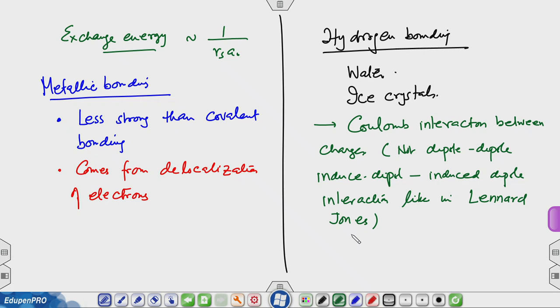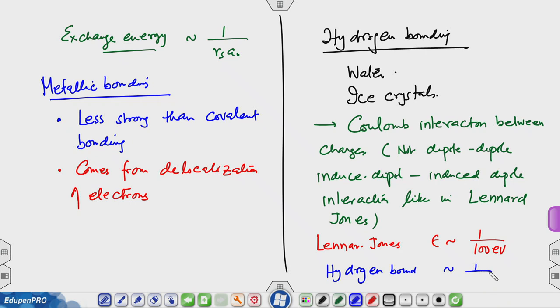That gives you 1 over r raised to 6 dependence. This is stronger. So just to give you numbers, Lennard-Jones epsilon was of the order of 1 over 100 eV. The hydrogen bond is of the order of 1/10 of an eV. So it's about 10 times stronger.